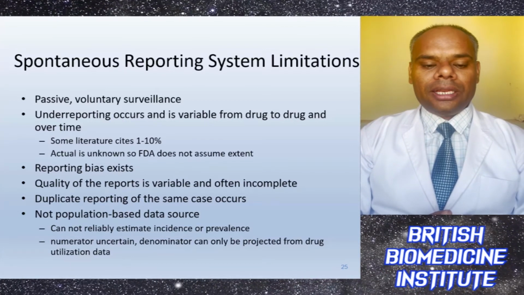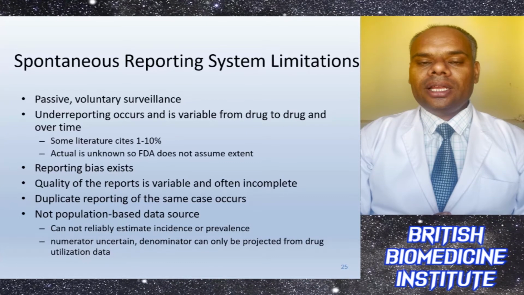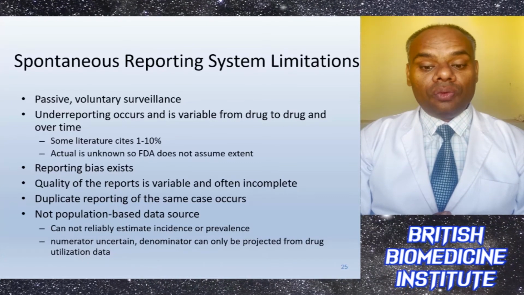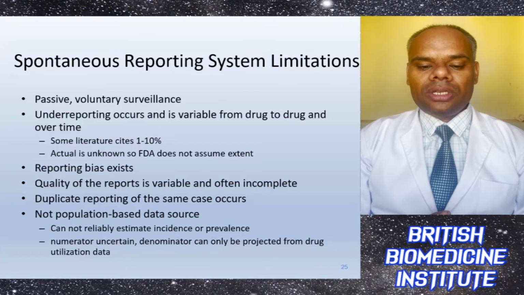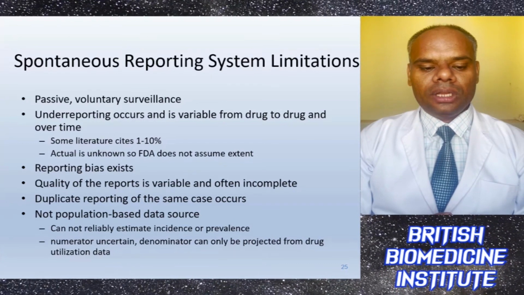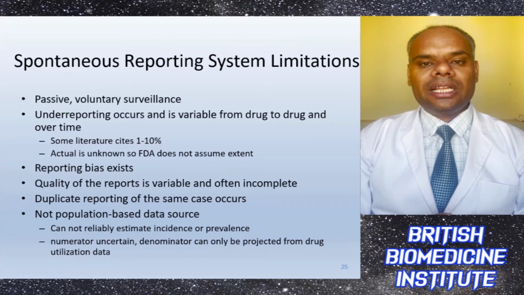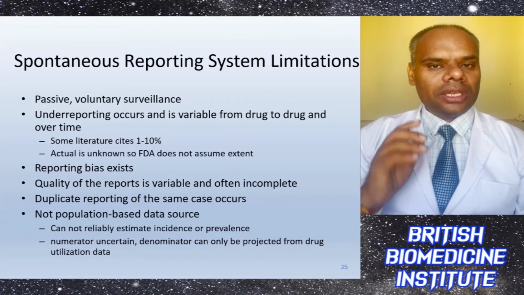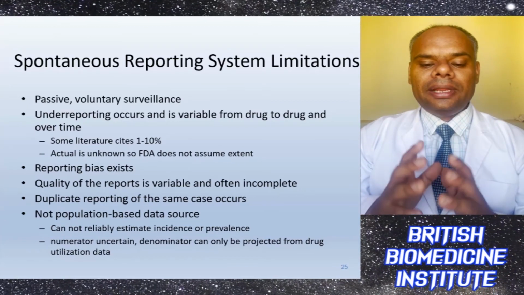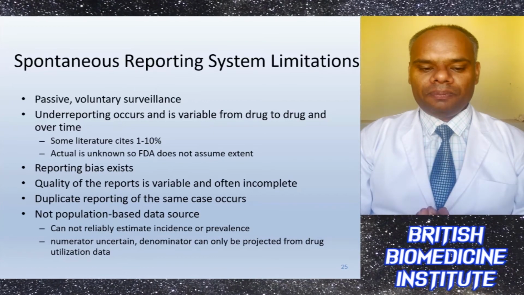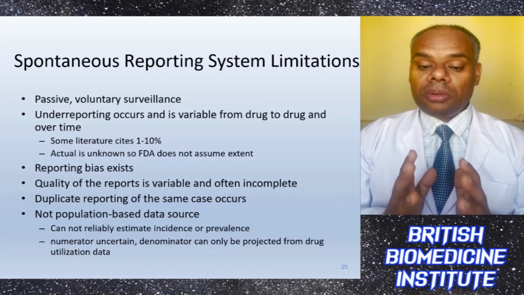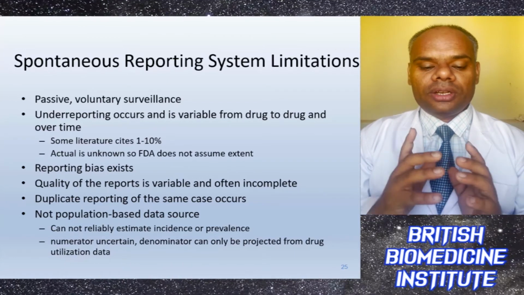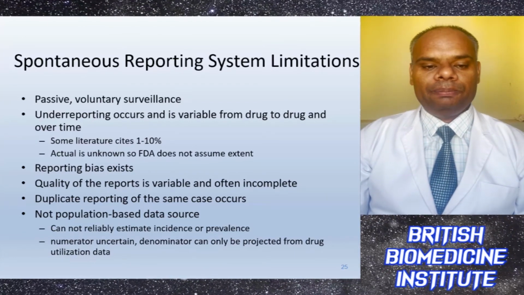There can be reporting bias, and the quality of reports is variable and often incomplete. Duplicate reporting can occur in some cases, and no population-based data source is available, so we cannot reliably estimate incidence or prevalence rate. There can be numerator uncertainty, and the denominator can be projected from drug utilization data.